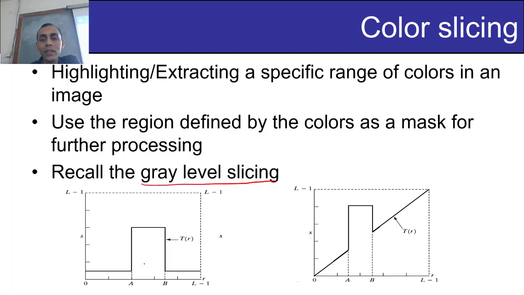In gray level slicing, you can suppress all other intensity values and highlight only a range of intensity values by taking this transformation function. This transformation function is basically highlighting only intensity values between A and B and suppressing all other intensity values to a low value, or you may leave them unchanged and only emphasize the particular intensity values between A and B.